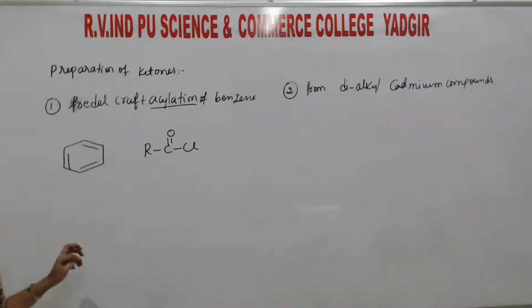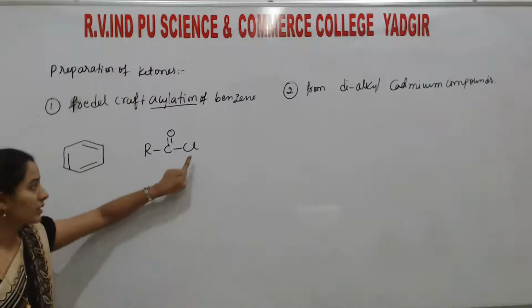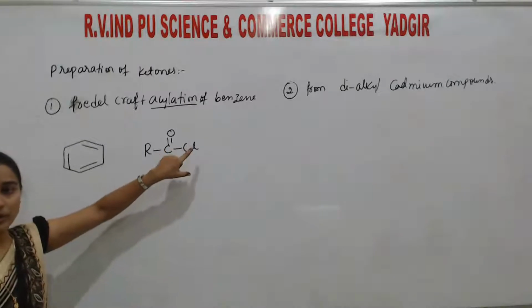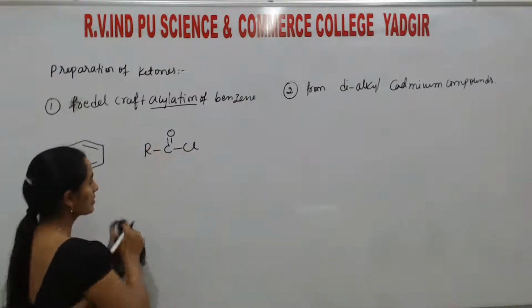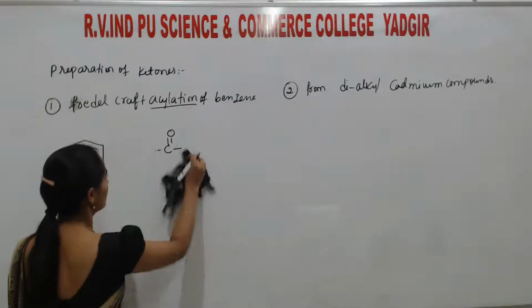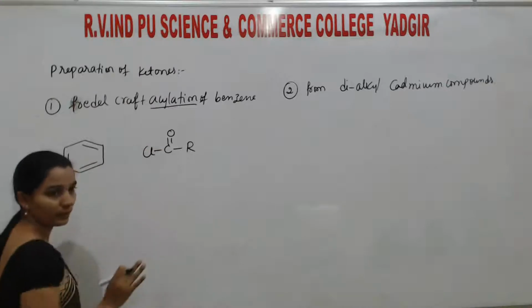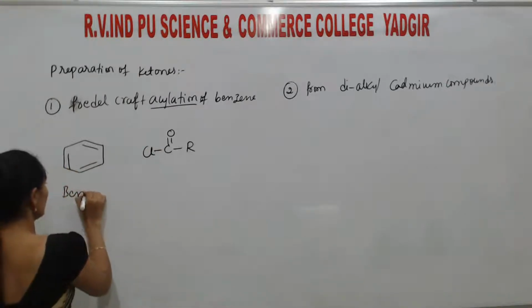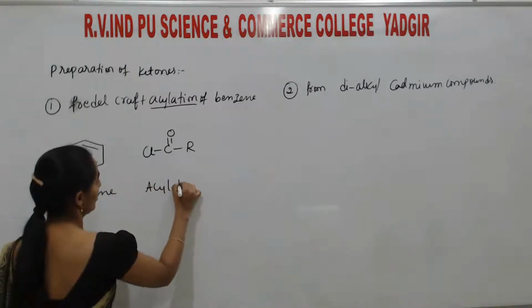In the place of Cl you may take any X, it may be Br, it may be I, but acyl chloride is especially a very stable compound. Understand? I just reverse this compound. So this one is R, this one is Cl. This one is benzene, of course, and this one is acyl chloride.